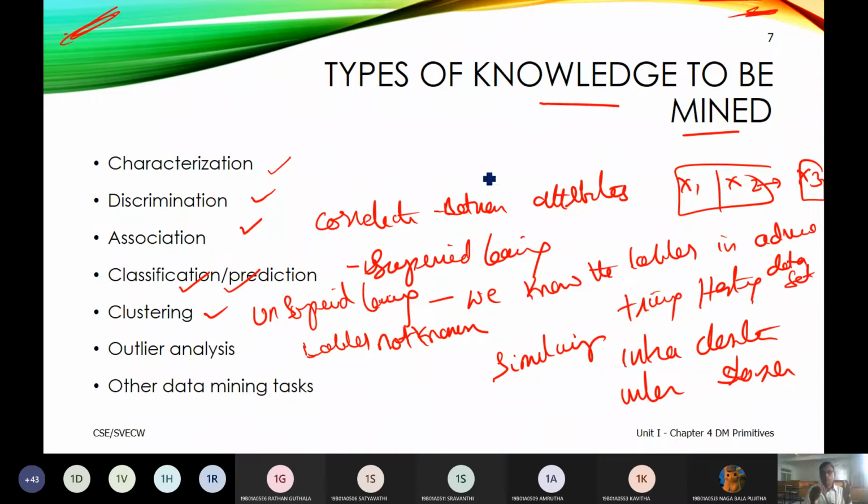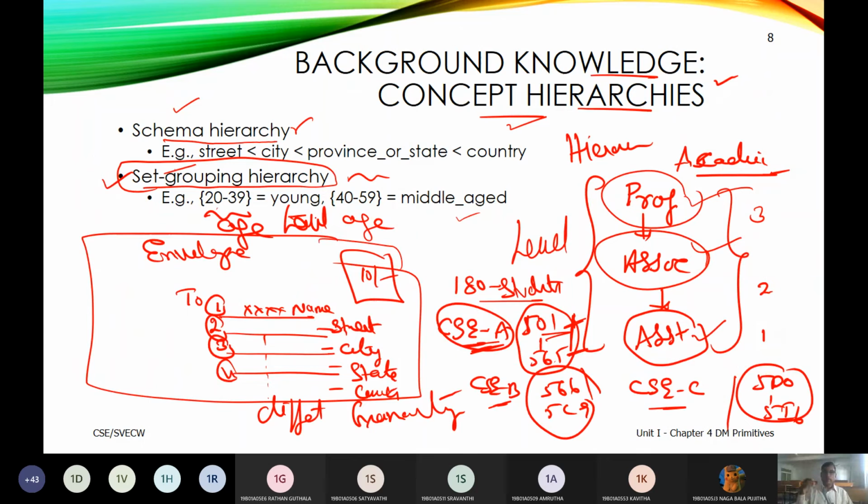Next thing we will do is apply the knowledge. We have a lot of techniques like clustering, classification, association. All those knowledge algorithms are implemented, and thereby we implement these into granularity, into multiple levels.